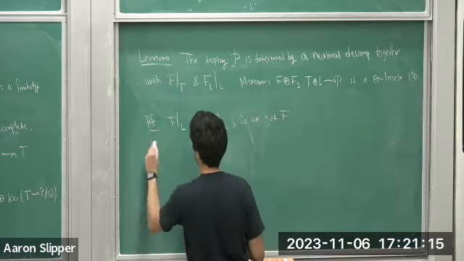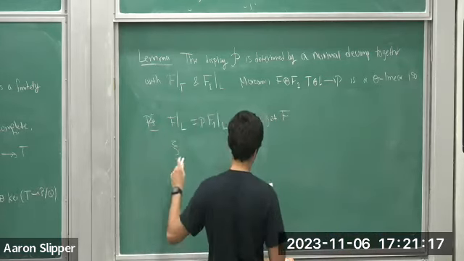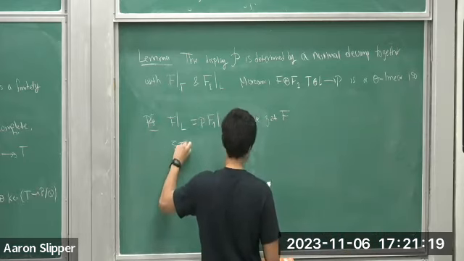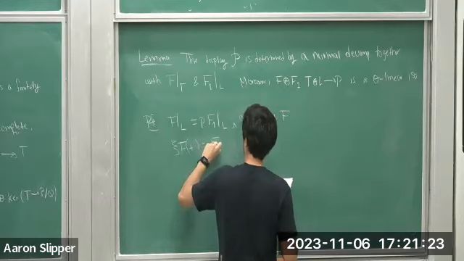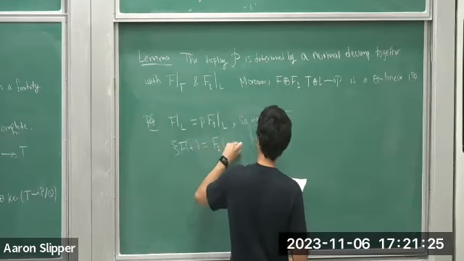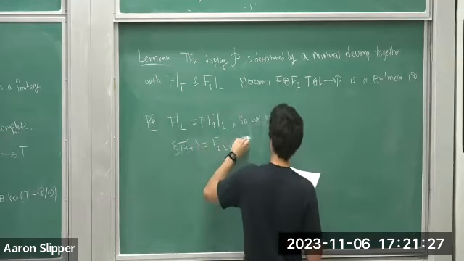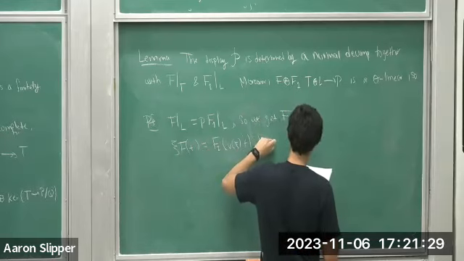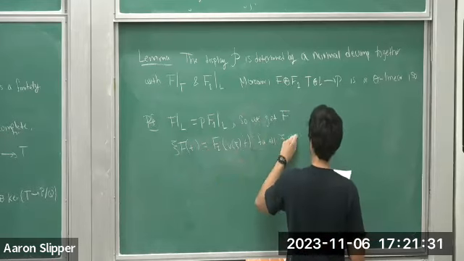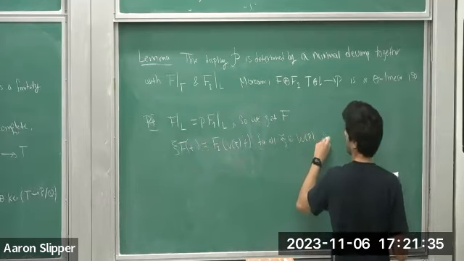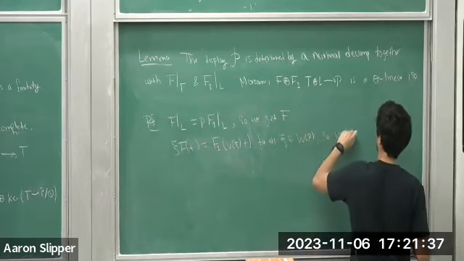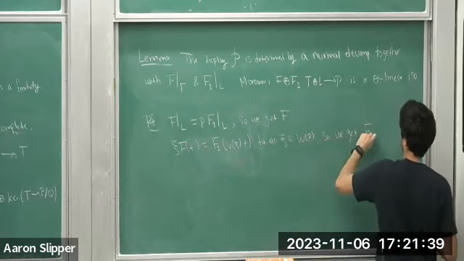And similarly, V times F of T equals F1 from here to V. Well, so we get F1.